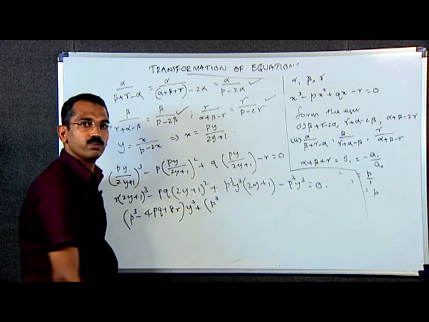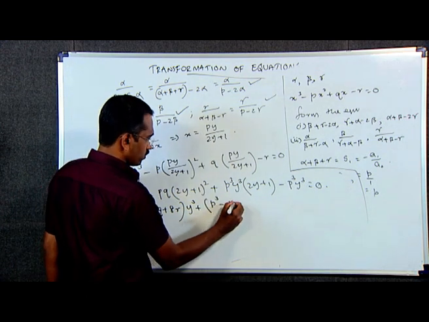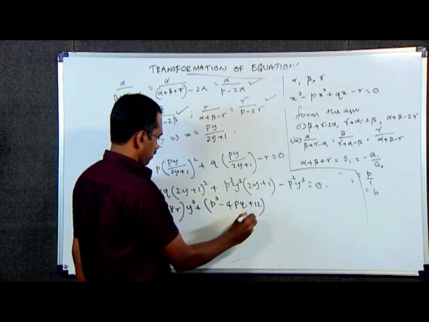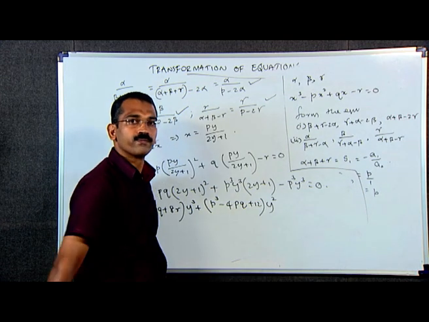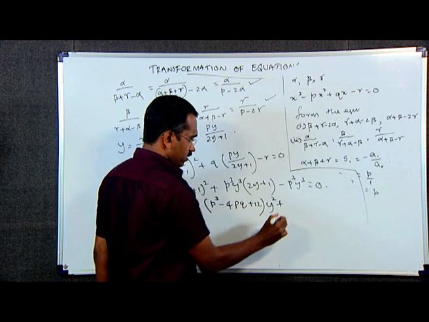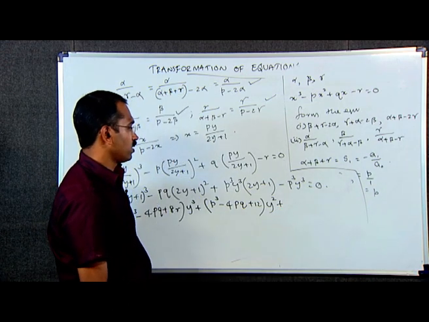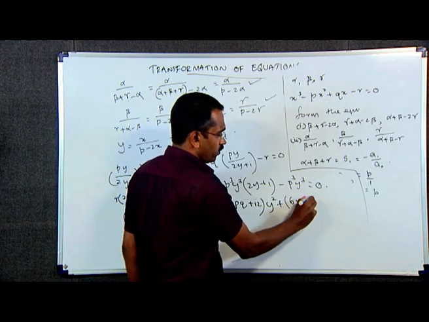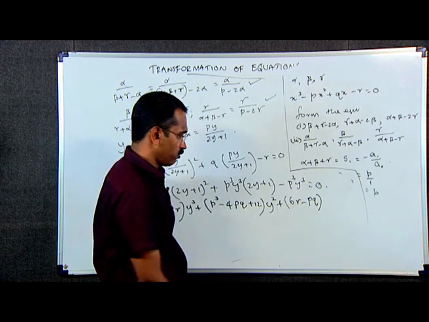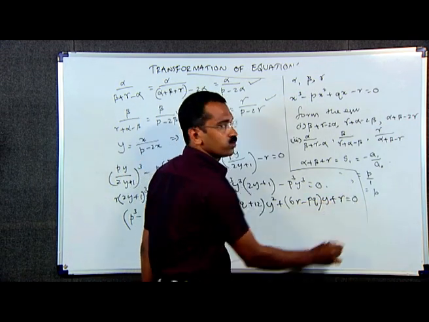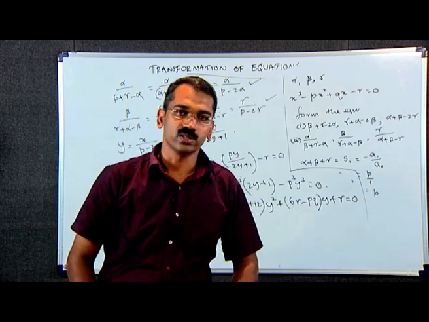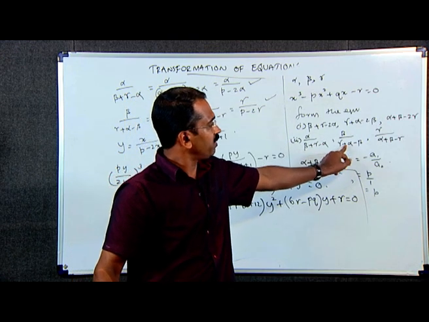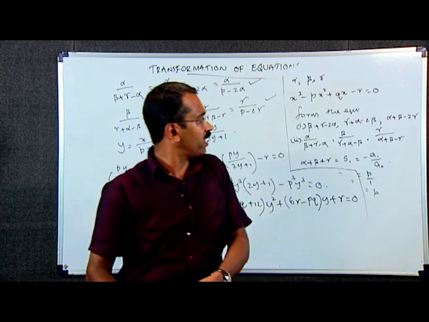Therefore, we will get p cube minus 4p cube plus 12r into y square, plus the terms having y is 6r minus pq into y plus r is equal to 0, which is the required equation whose roots are alpha divided by beta plus gamma minus alpha, beta divided by gamma plus alpha minus beta, and gamma divided by alpha plus beta minus gamma.